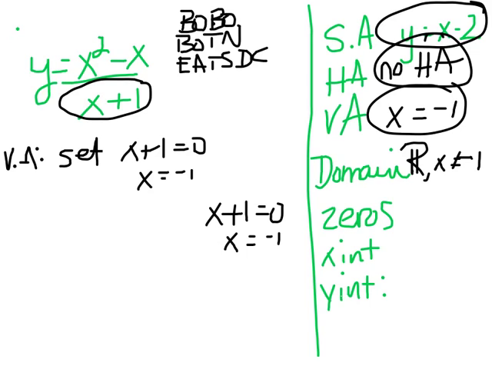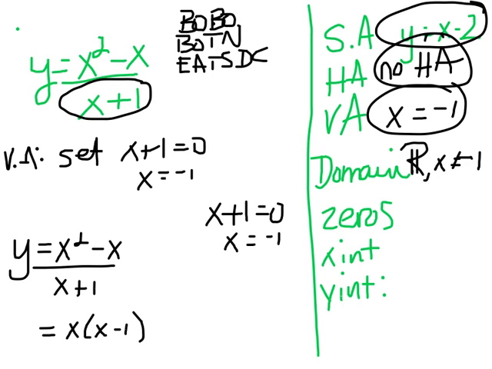Let's take this fraction and factor it. The top would be x times x minus 1, and the bottom would be x plus 1. The reason I did that is I want to know about x not being negative 1.